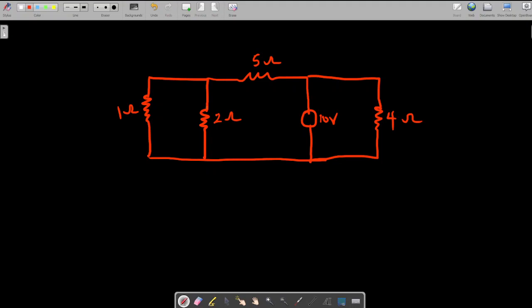So the question still remains unchanged. How many branches and how many nodes do we have? So pause the video and try to give an answer to the question, and when you're done, you keep watching.